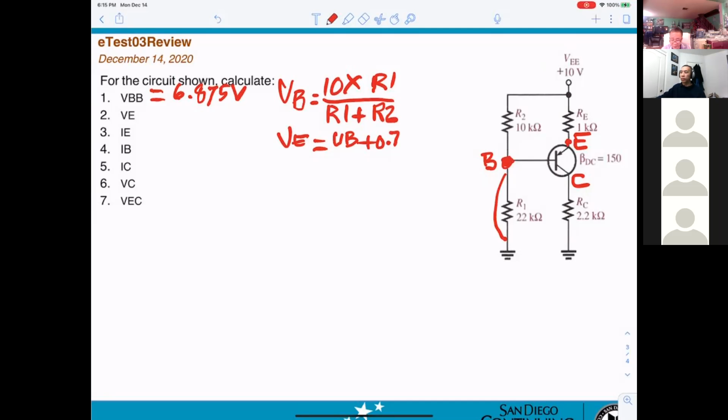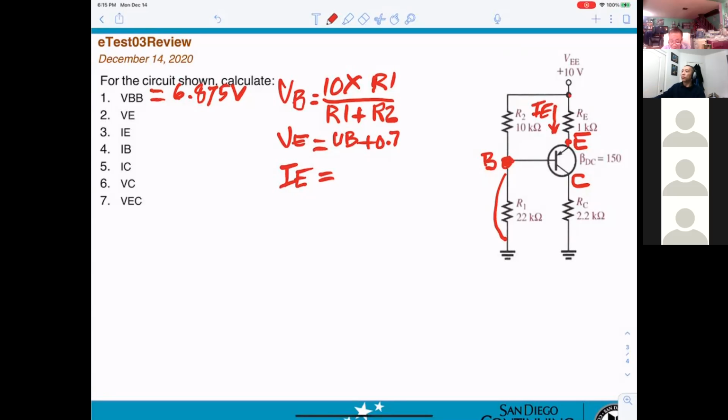And the current flowing here, IE. How can we calculate the IE? VE divided by RE? Come on. No. You can see IE flowing from VEE through the emitter.